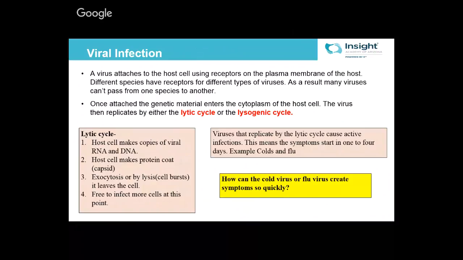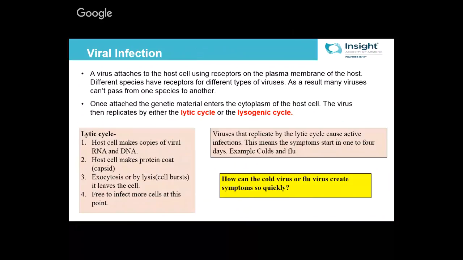The lytic cycle is the active part of the life cycle of a virus. Once the virus has been introduced into the host cell, the cell makes copies of the viral RNA and DNA.